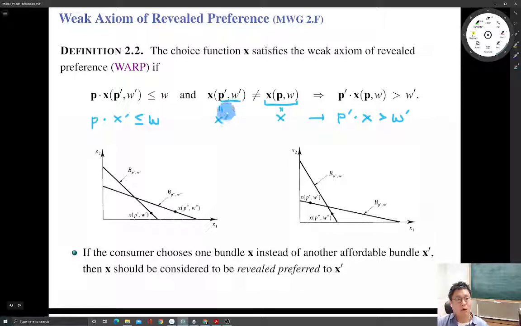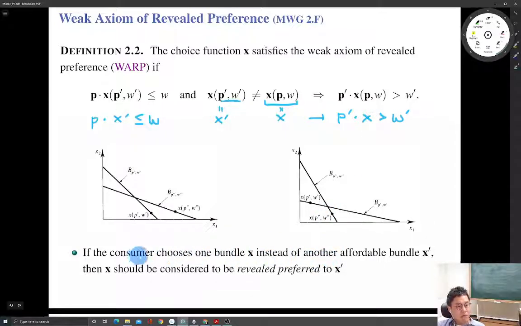Okay, then why did we observe the consumer choose the bundle X prime under this configuration, so under this budget set P prime and W prime? Because the previous bundle X is not affordable in this situation. Okay, so P prime dot X should exceed the wealth W prime. Okay, so the basic idea of this weak axiom is highlighted in the last bullet point.